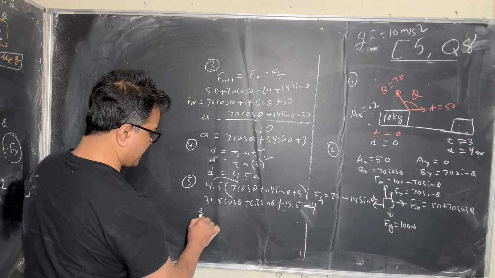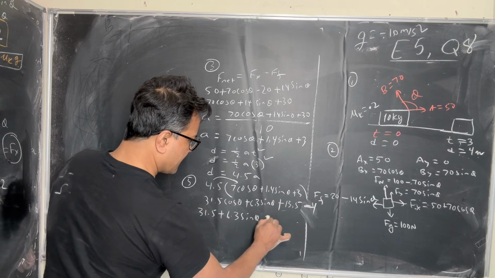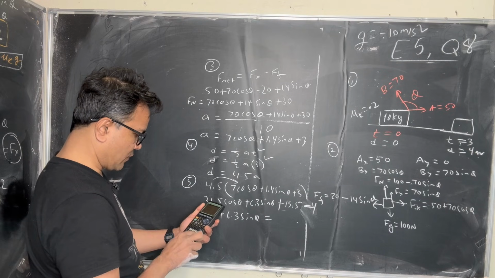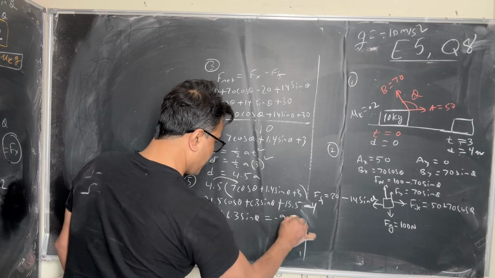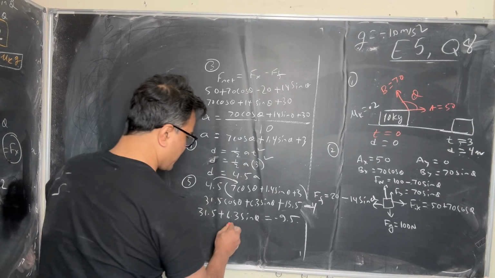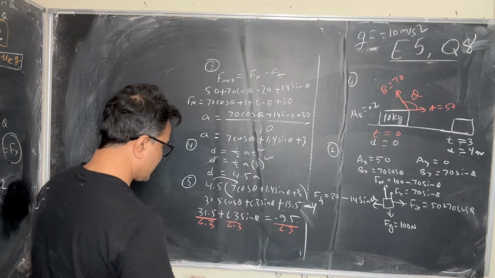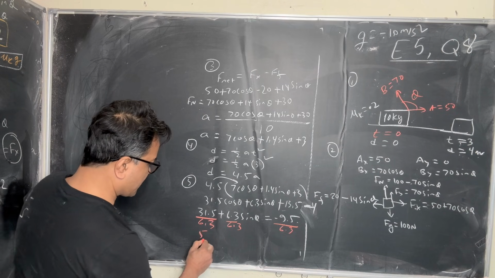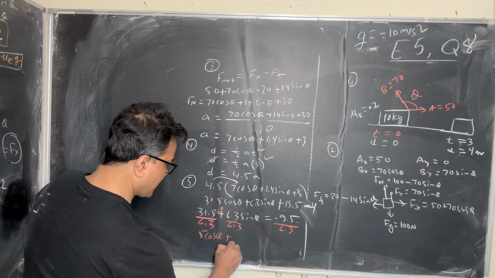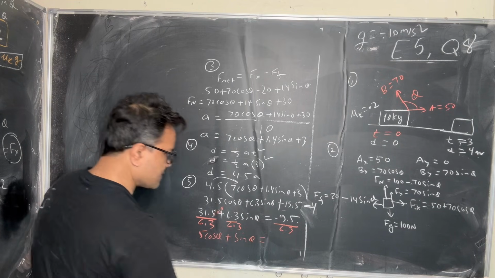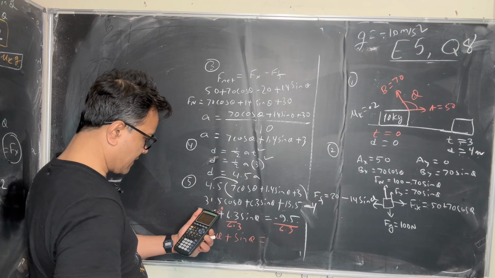Okay, so 31.5 cosine theta plus 6.3 sine theta is equal to 4 minus 13.5, negative 9.5. Divide everything by 6.3. So you have 5 cosine theta plus sine theta is equal to negative 9.5 divided by 6.3, negative 1.5.